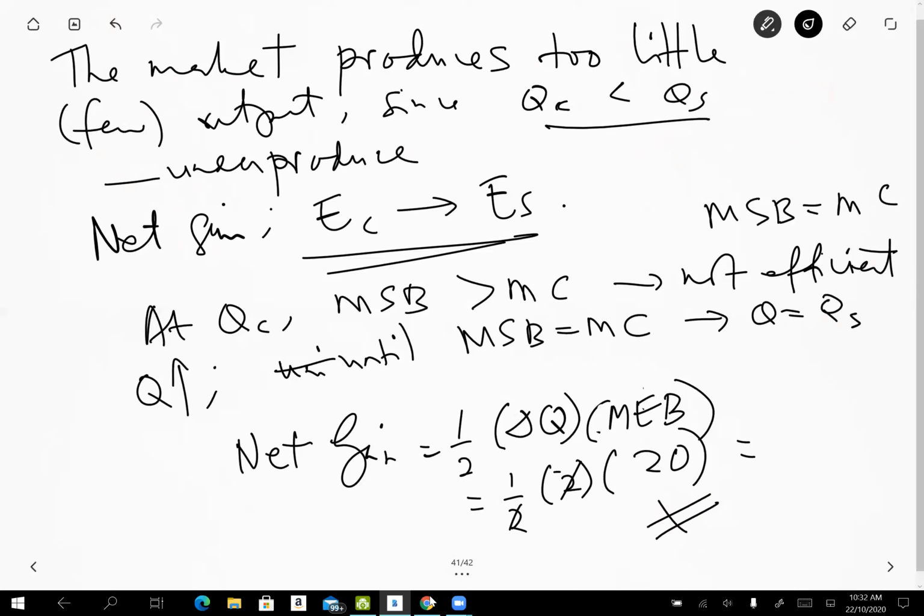The net gain to the society by moving from the market equilibrium to the social equilibrium. So you see here, the positive externality, which is positive consumption externality, the net gain is obtained by increasing output because of the positive effect to the society. So we want more, all right?